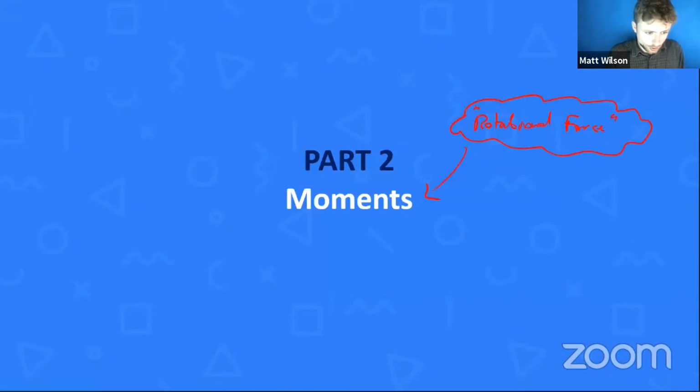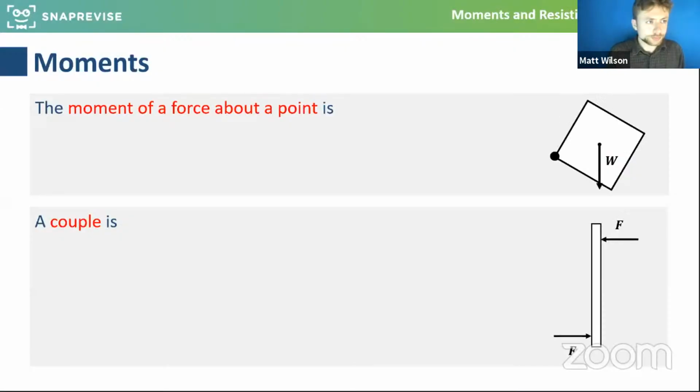So let's go to moments. We need to define a moment. The moment is the bit of a force which is genuinely causing rotation around some point. So let me write this down. The moment of a force about a point is the product.